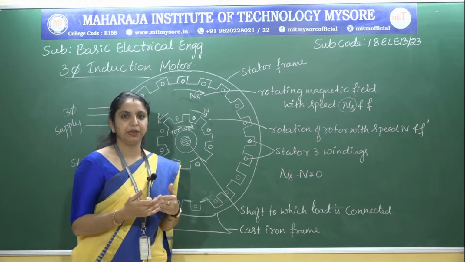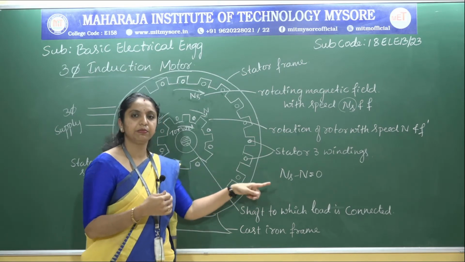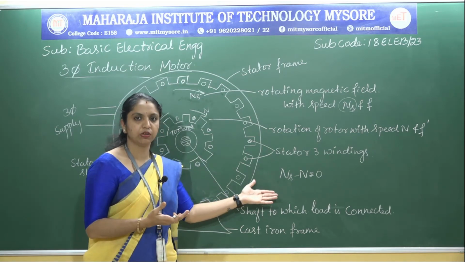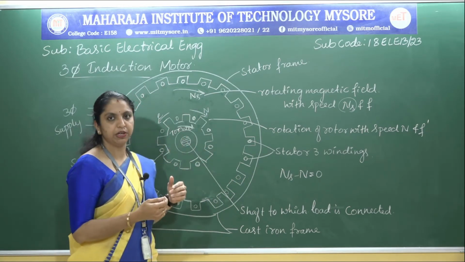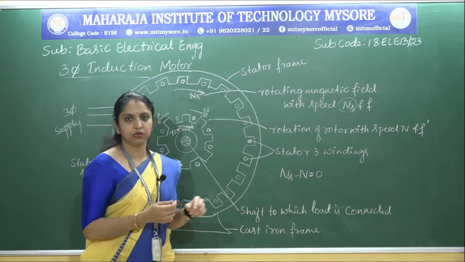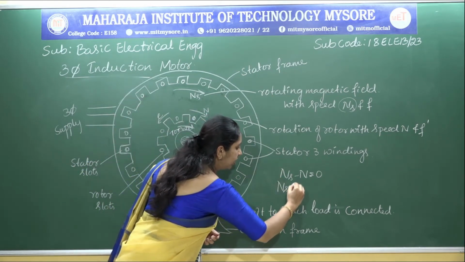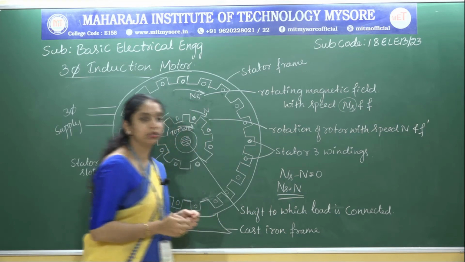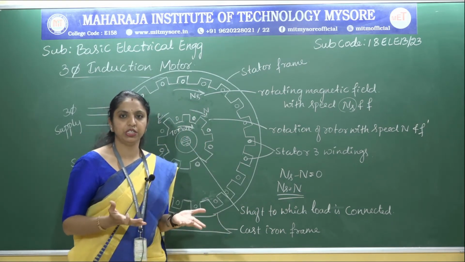When the relative speed is zero... So what is relative speed? The difference between ns and n. When the relative speed becomes 0, that means the speed of the rotor is equal to the synchronous speed. So when ns minus n is equal to 0, or ns is equal to n, both the speeds are the same, so there is no change in flux.